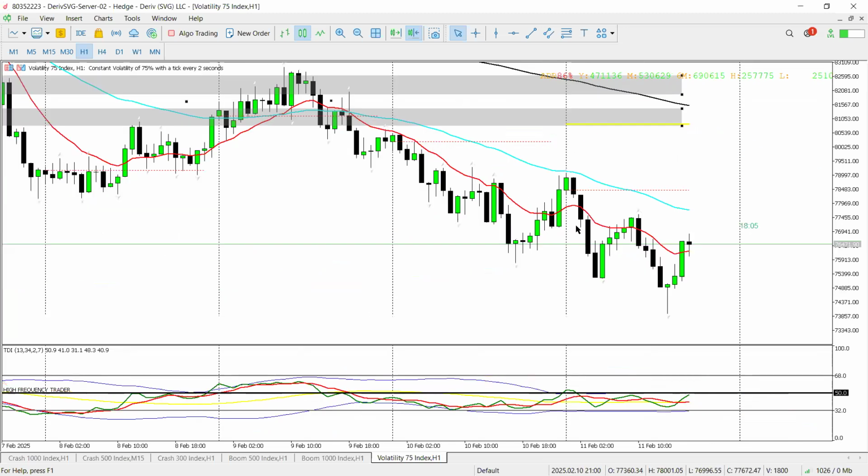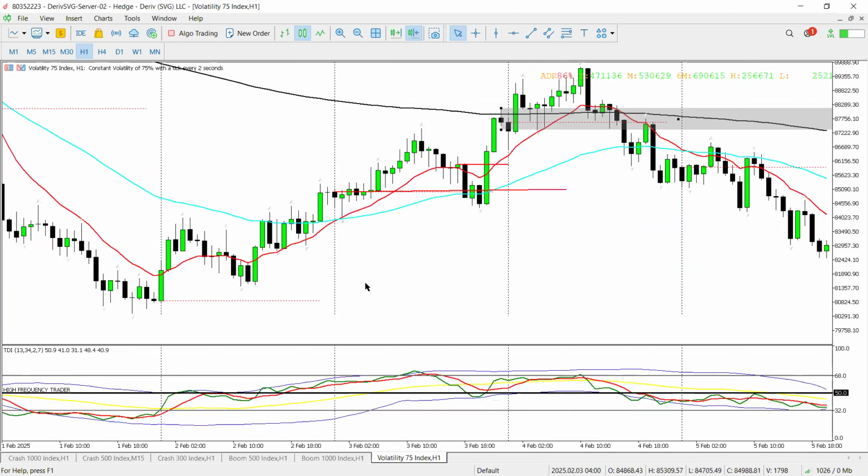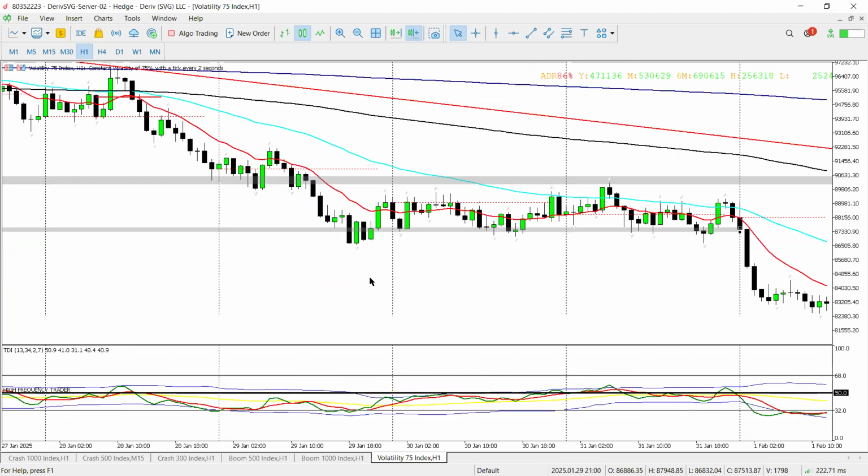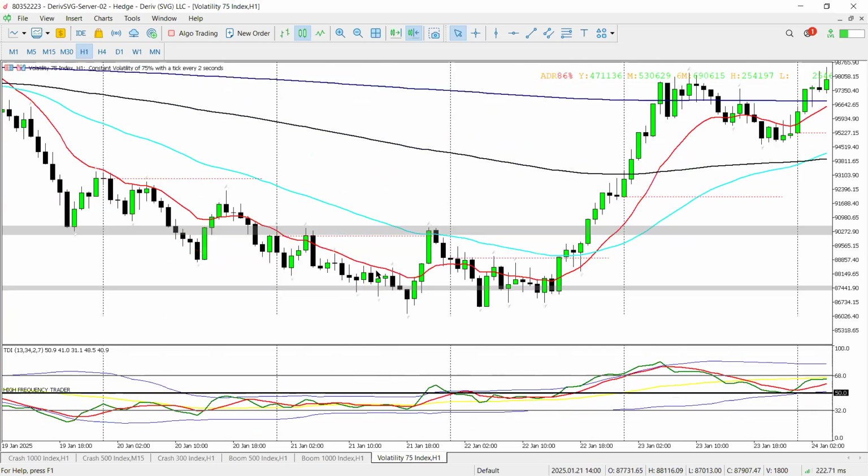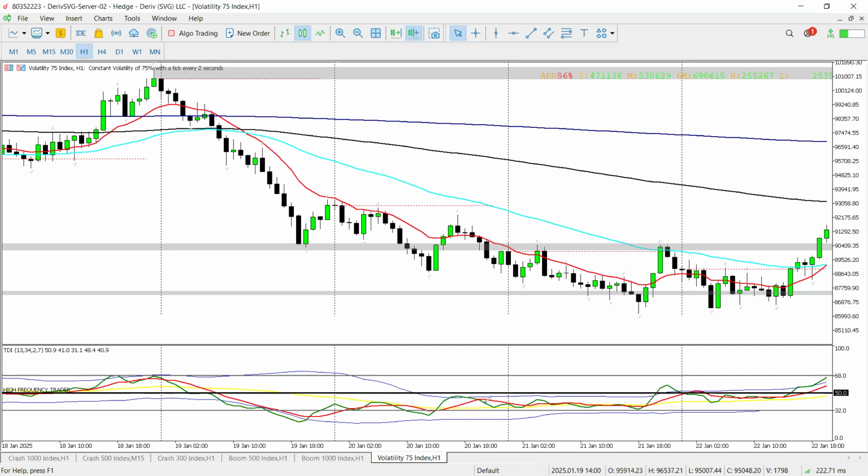So to close it off with V75, we are looking for areas where price is below so that we can sell. So from right here, we do agree that the TDI indicator is now below the 50. So we are looking for any 13 EMA interactions. So when price is on the 13, you simply want to wait to get any familiar candlesticks.